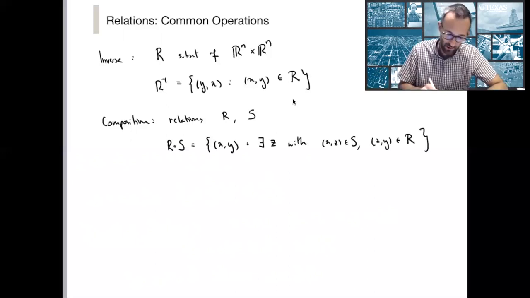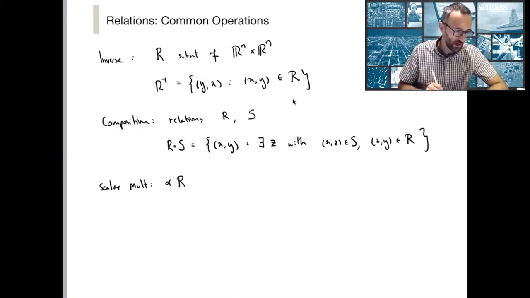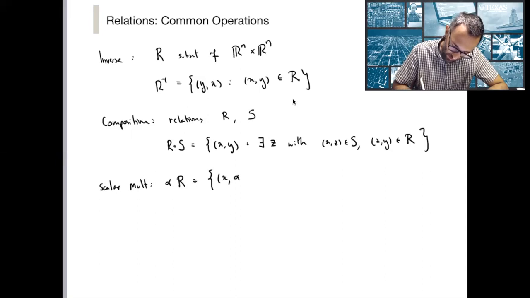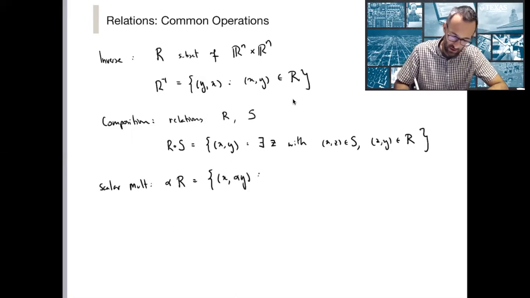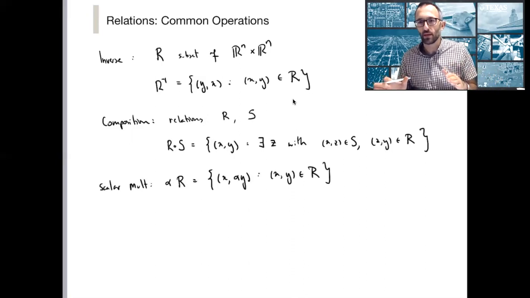And we can do a number of other things. So we can talk about scalar multiplication. For a scalar alpha, alpha R is equal to x alpha y such that xy is in R. So again, a guiding principle here should be the gradient or subdifferential.